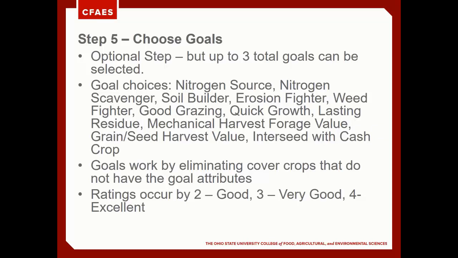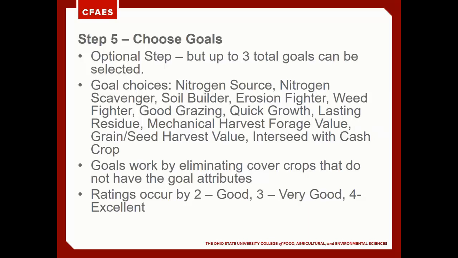And so those goals are, is this cover crop needed to be a nitrogen source, a nitrogen scavenger, a soil builder, an erosion fighter, a weed fighter? Is it for good grazing, quick growth, lasting residue, mechanical harvest forage value, grain seed harvest value, or is this going to be interseeded with a cash crop?